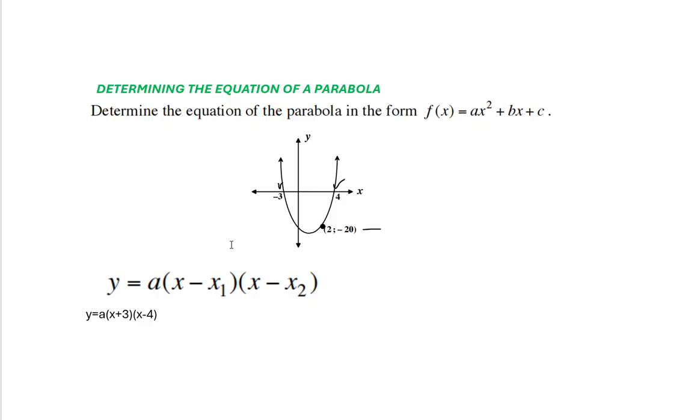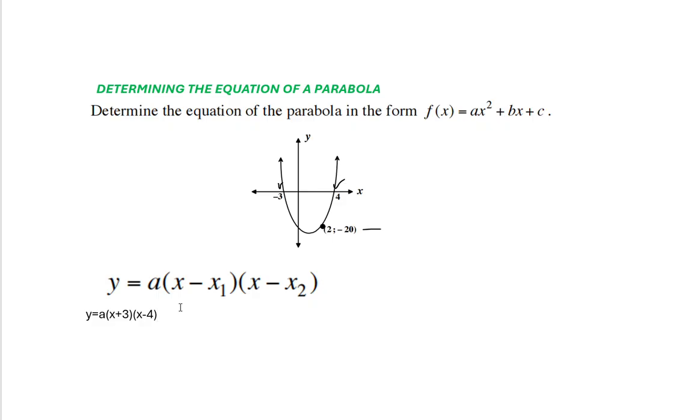Notice that whenever you are using this formula, the signs of the x-intercepts change. Here it was -3, in the bracket it is +3. This was +4, here it's -4. So you must change the signs of the x-intercepts.